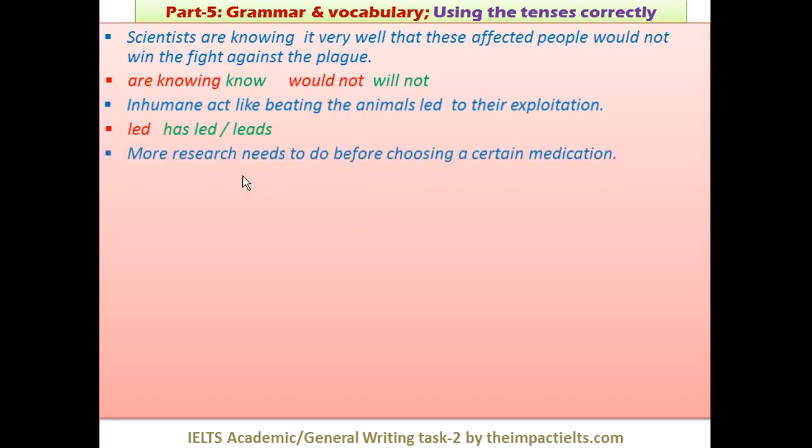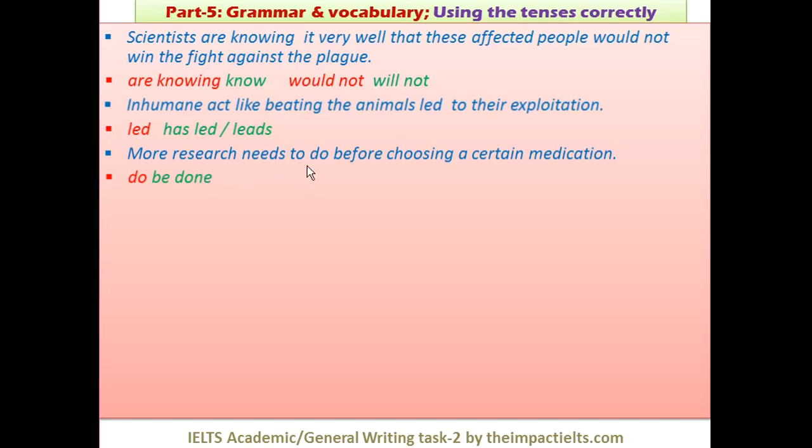Next one. More research needs to do before choosing a certain medication. More research is the subject, so "needs" is fine, to do, I don't know. Let's see what's this. Well, this is an example of passive voice, if you know that. Again, if you don't know, you can get the idea in the PDF format of grammar that I will attach with this. But this one is "more research needs to be done" because the research is not doing itself.